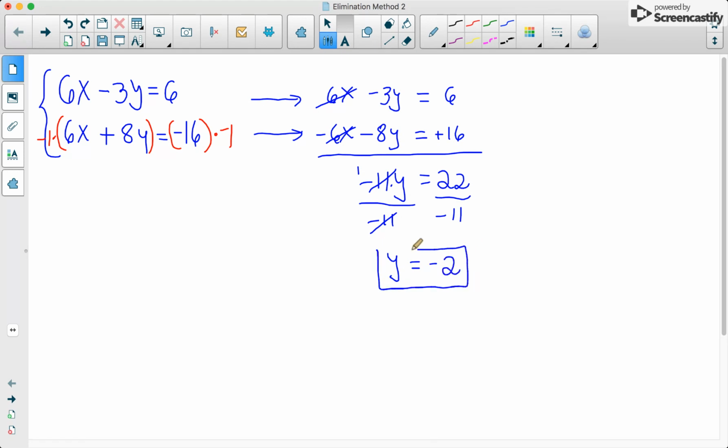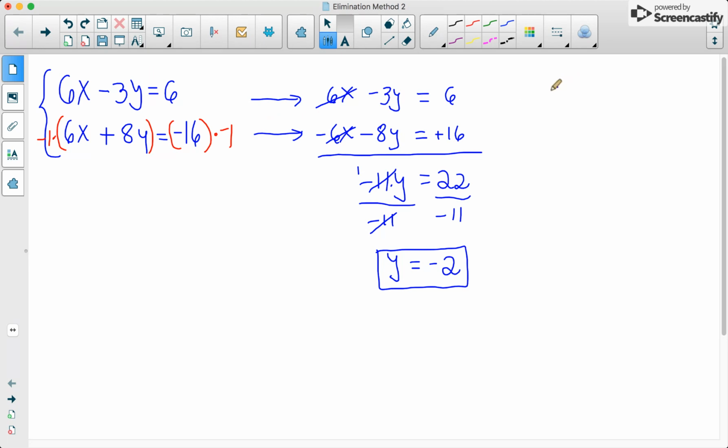So now I have one of my variables. So I'm going to find the other variable. To find the other variable, I'm going to get any of the equations, and I'm going to put the negative 2 where the y is. Or you can put it in this equation. It doesn't matter, but I'm going to use this one.